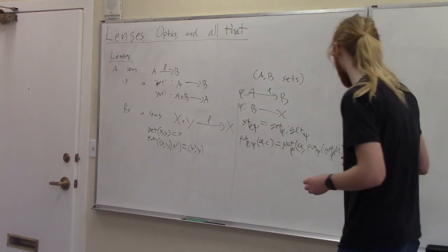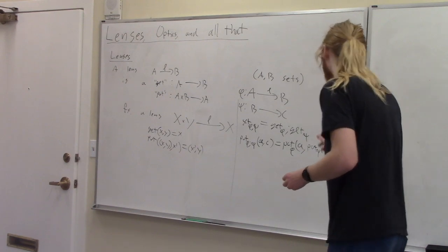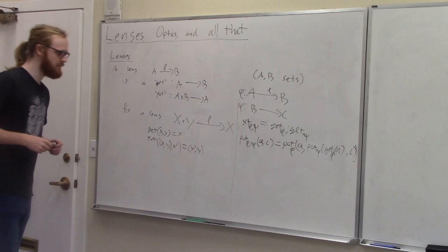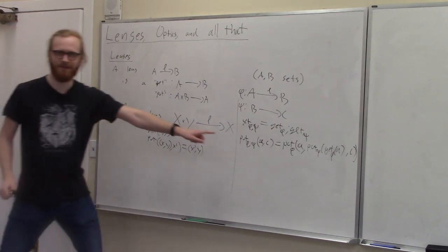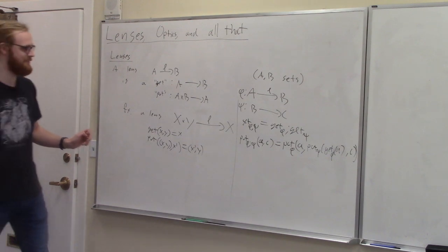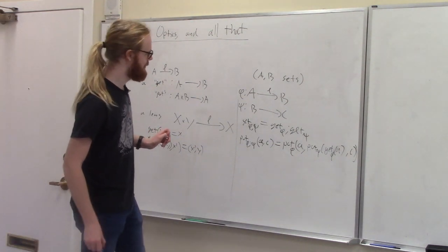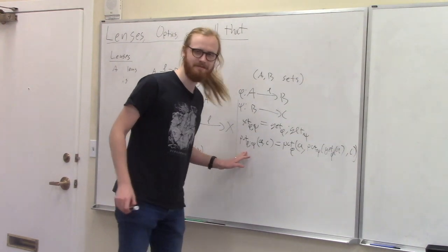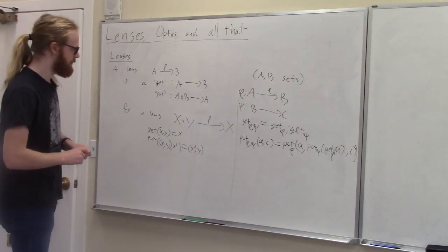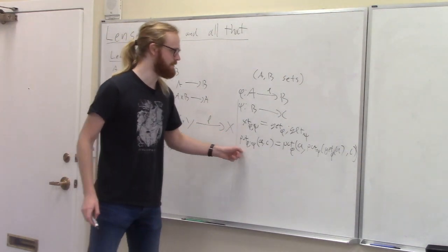Okay, so this formula looks a little bit complicated. Later we'll see a more natural way of thinking about this. But yeah, so this is how to compose lenses.